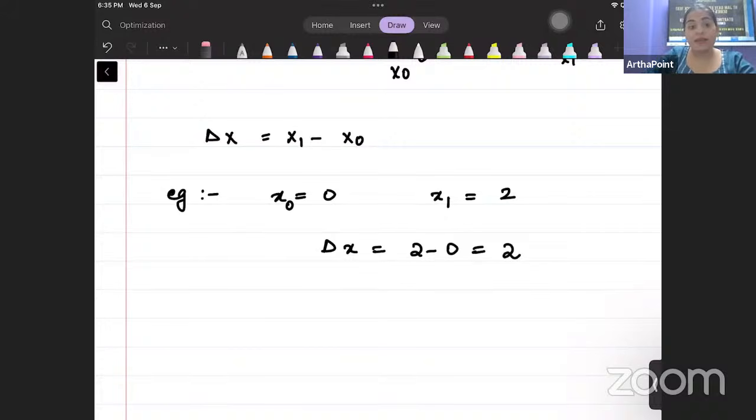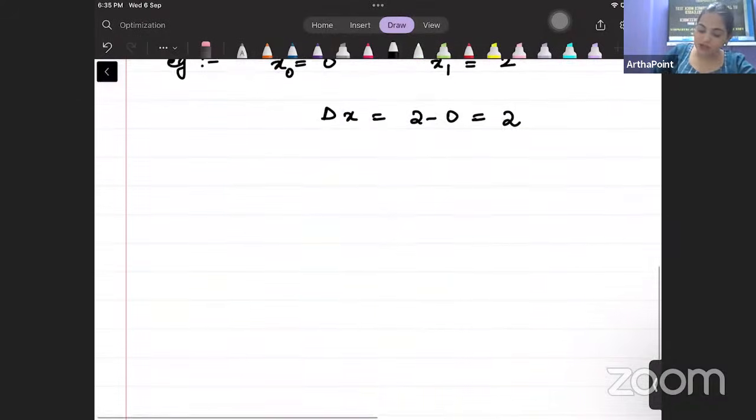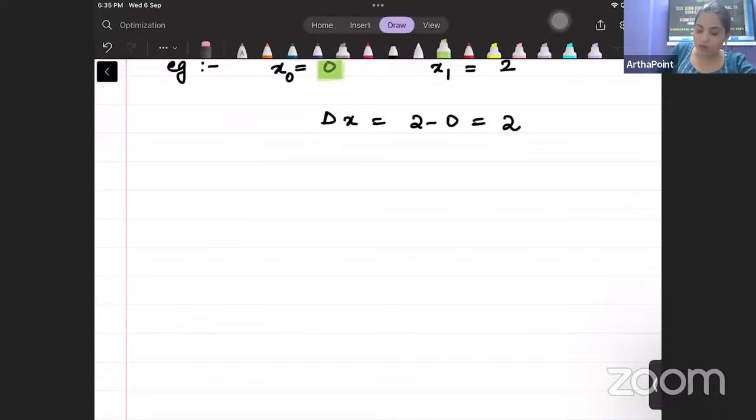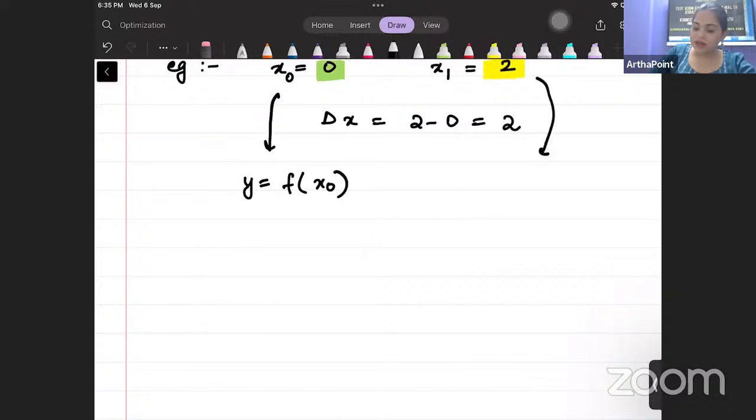Now, I am telling you that y is a function of x. So beta, jab x 0 raha hoga, to y, which is a function of x, usme maine x naught put kiya hoga. And when x would have been 2, so beta again, y is a function of x, na? So I would have put x1 here, right? So take an example.